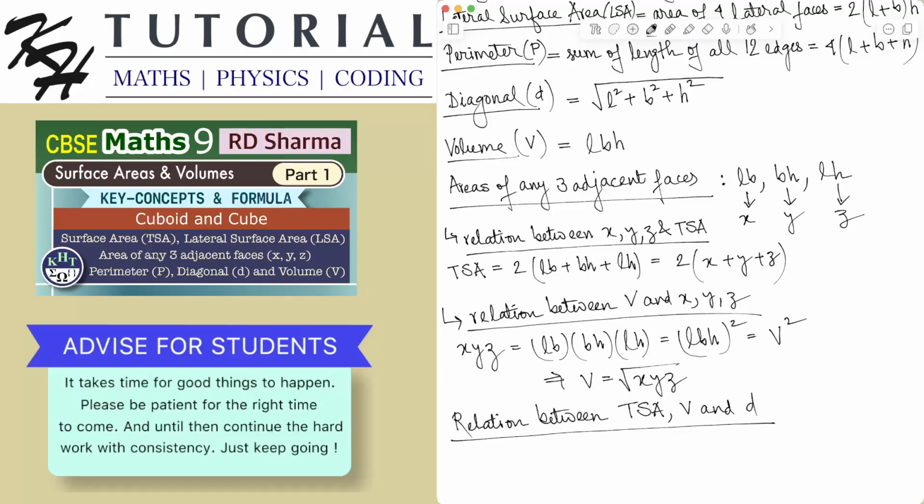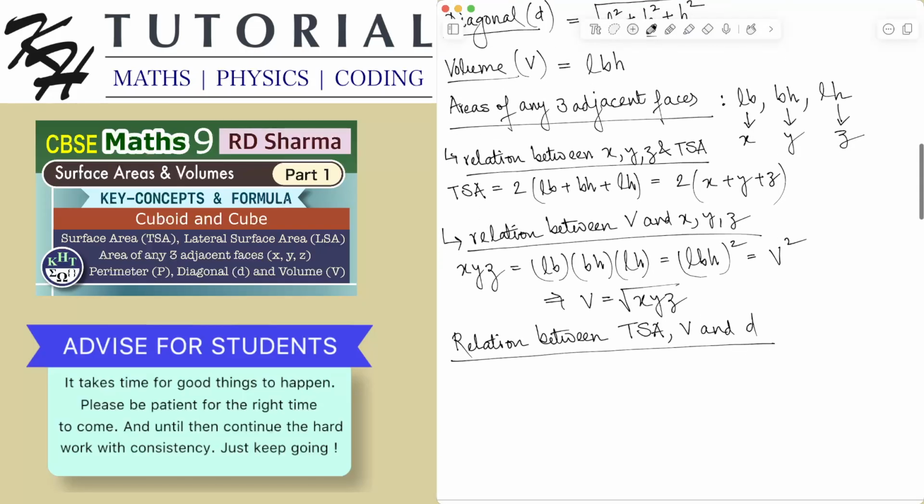Okay. Another very important and interesting result is the relation between the total surface area, volume and diagonal. For that you must know this algebraic identity: (A plus B plus C) whole square is equal to A square plus B square plus C square plus 2 into (AB plus BC plus CA).